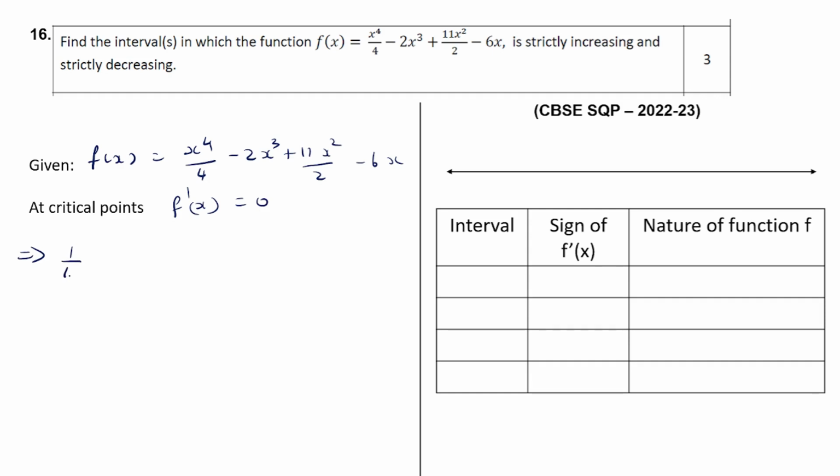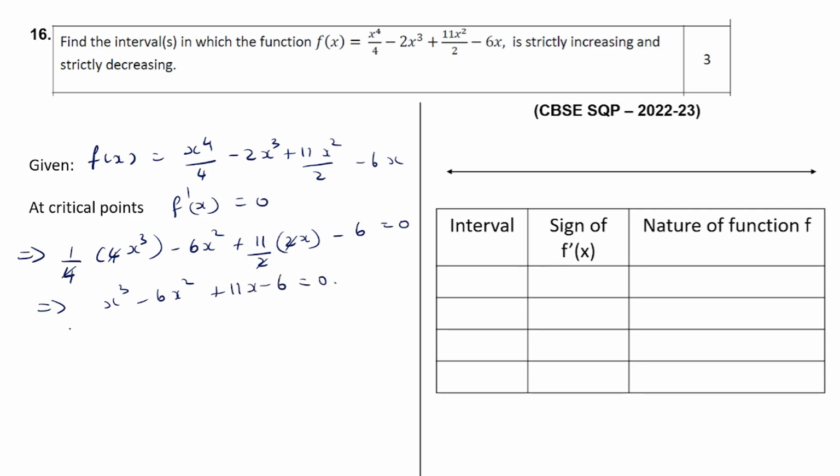So it is 1 by 4 into derivative of x raised to 4 is 4x cube, minus derivative of x cube is 3x square, so 2 into 3x square is 6x square, plus 11 by 2 into derivative of x square is 2x, minus derivative of 6x is 6. This is equal to 0. This implies x cube minus 6x square plus 11x minus 6 equal to 0.